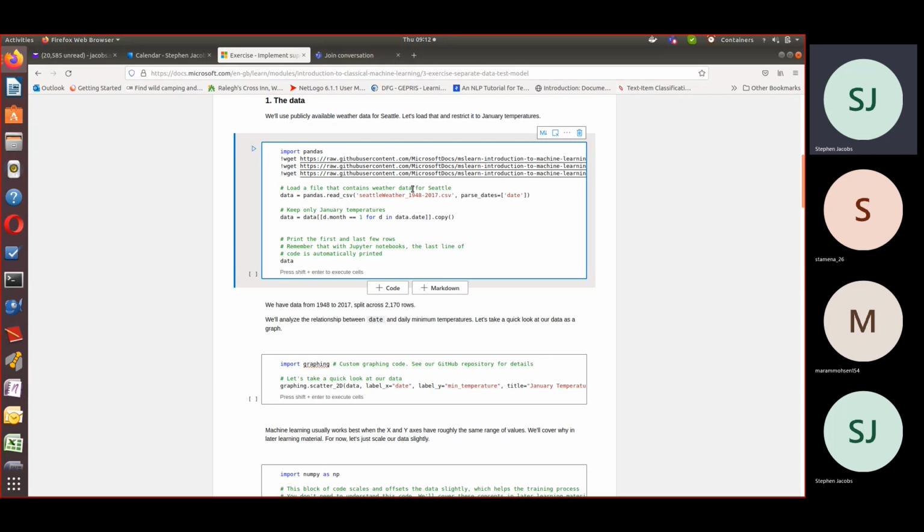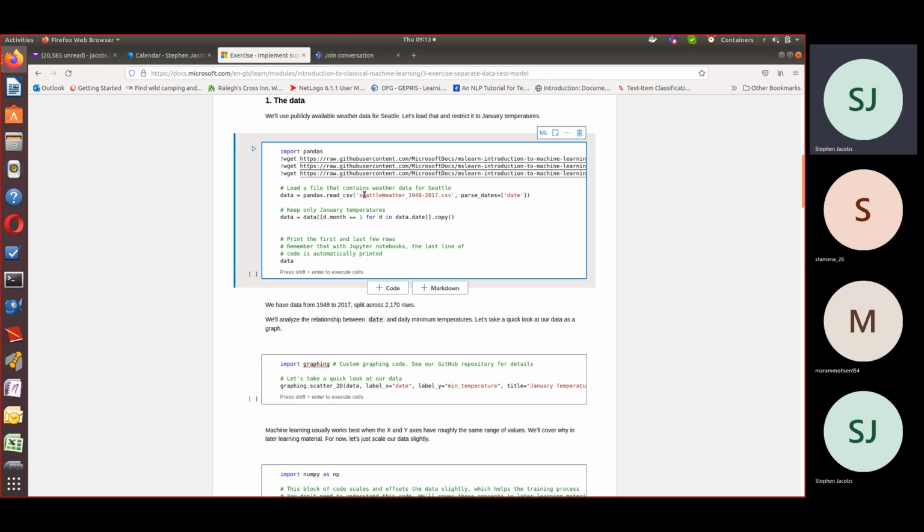Initially, we're going to load that using the pandas read CSV function. So you'd address that as pandas.read_csv. That simply reads a CSV file, comma separated value file, into a pandas array.